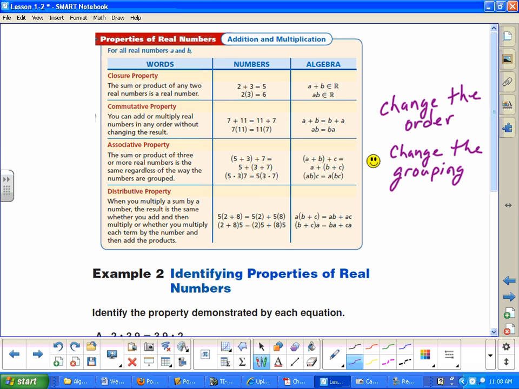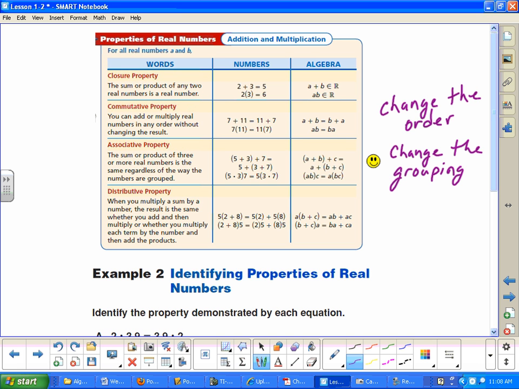So they changed the grouping. They changed which ones were in the parentheses. In the multiplication, 5 times 3 is in the parentheses, then times 7. Change it to 3 times 7 in the parentheses, times 5. Or you have the ones with the letters, using variables. But all the associative property is I'm changing which ones are grouped together.